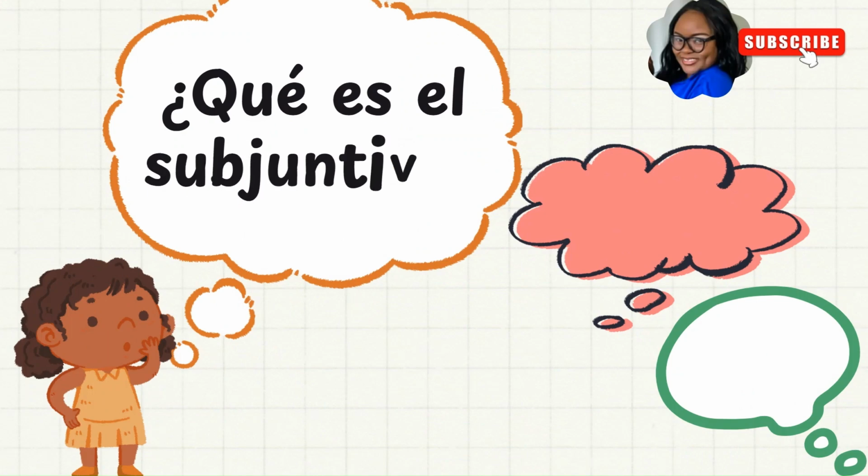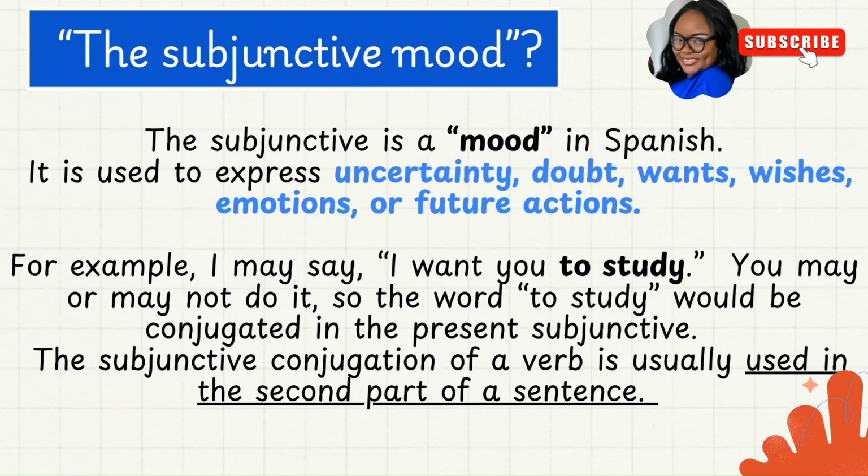The first question I aim to answer is, what is the subjunctive? ¿Qué es el subjuntivo? Well, the subjunctive is what we call a mood in Spanish and not necessarily a tense, because it is used to express uncertainty, doubt, wants, wishes, emotions, or future actions.